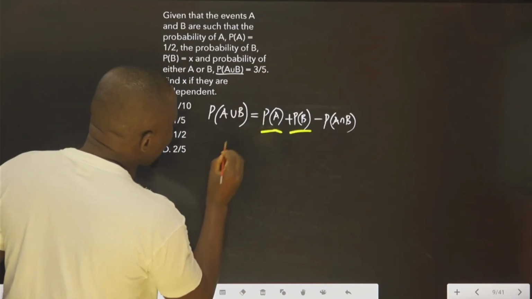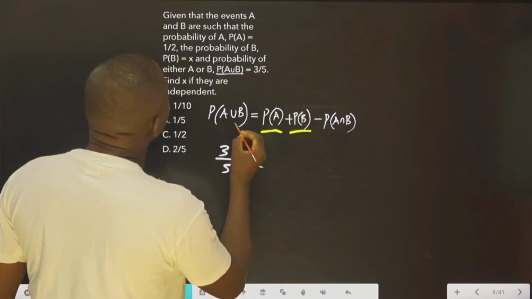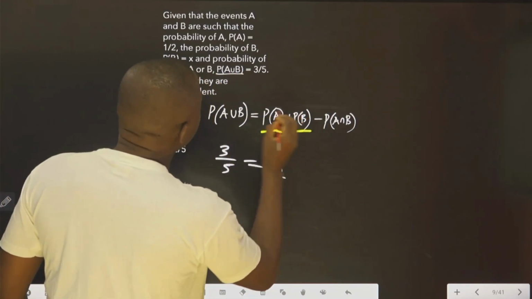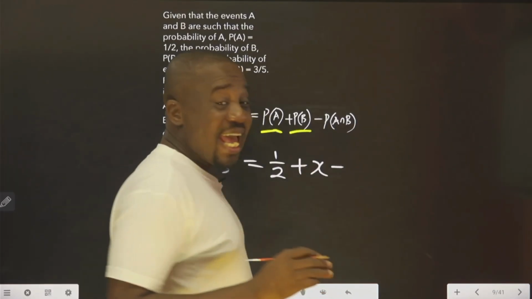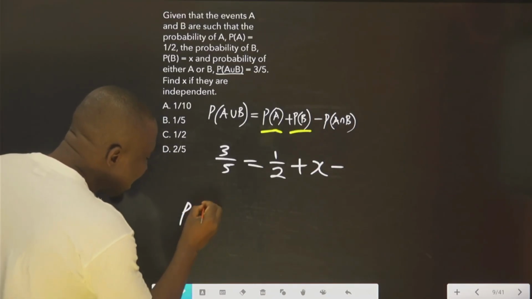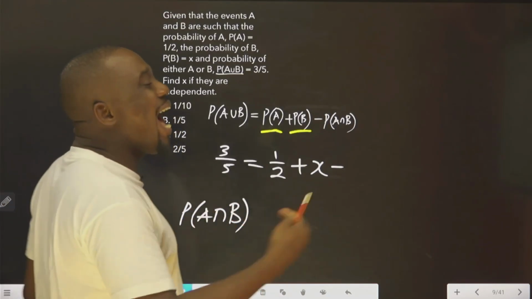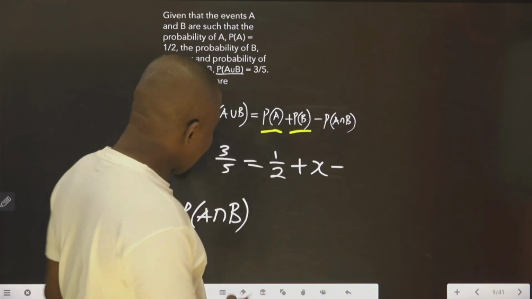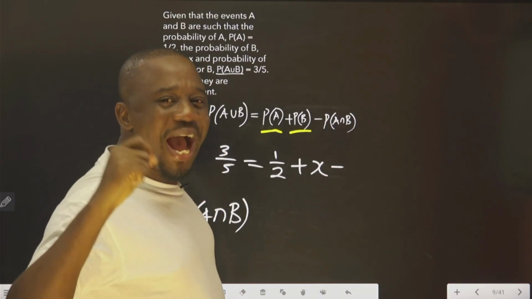Now, let's come back here. What is this? This is 3 over 5. The probability of A is 1 over 2. The probability of B is x. A intersect B is not known. What is A intersect B? A intersect B simply means A and B, and in mathematics, that means times.